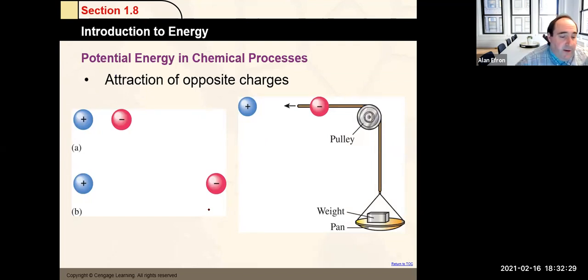Last thing to touch upon is something that we did talk about earlier, I think, but just to remind you again, we have the idea of opposites attract. That again is referred to as electrostatic attraction, which means that if you have a positive guy and a negative guy, they are attracted to each other.